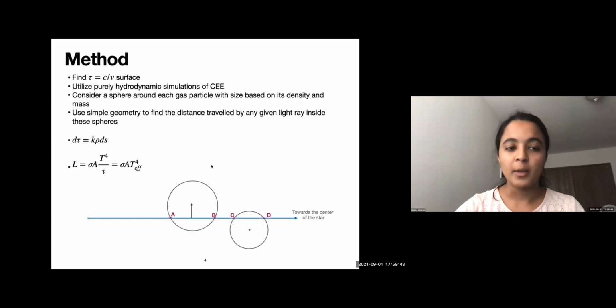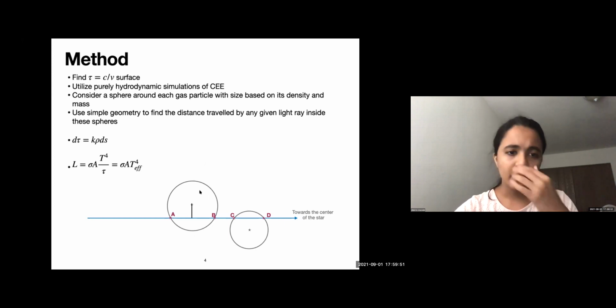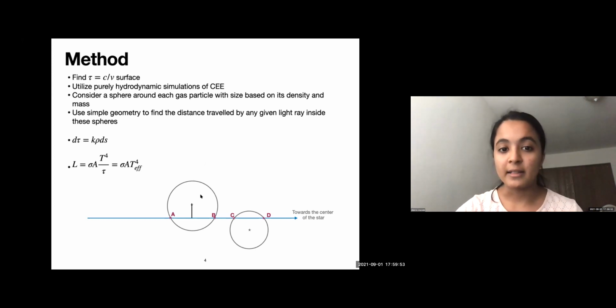To do this, we consider a sphere around each gas particle in the simulation with the size based on its density and mass. And we use simple geometry to find the distance traveled by any given light ray in the simulation through these spheres. With that information, we can easily find the tau equal c over v surface and the effective temperature of that surface.